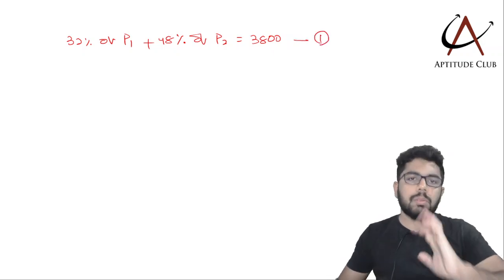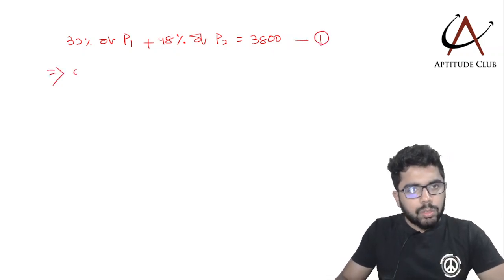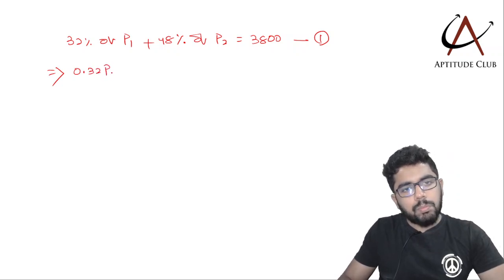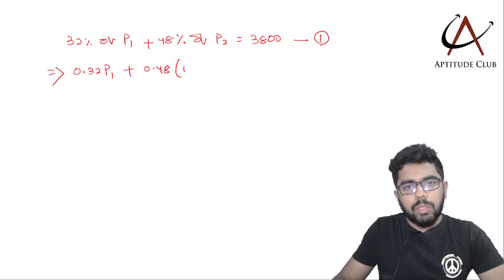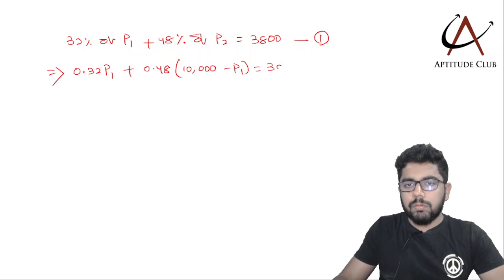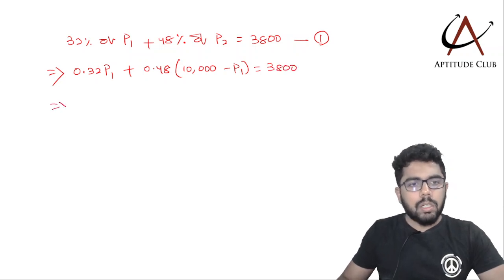We just have to solve this equation. So 32% I can write as 0.32 P1 plus 0.48. In place of P2 I will write 10,000 minus P1. This is 3,800. I just need to solve this.